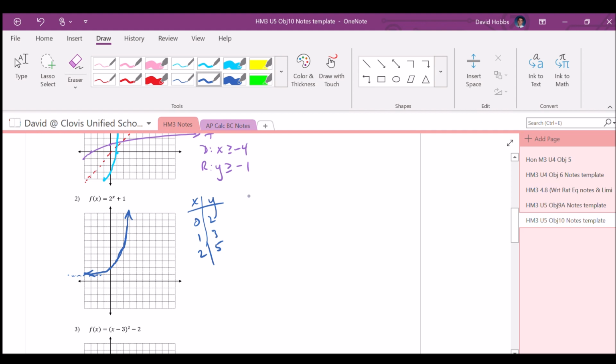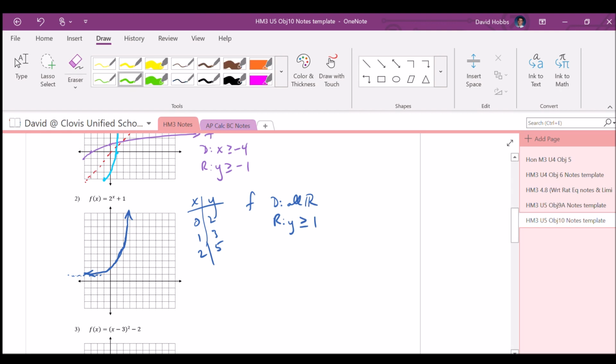And for f, the domain is all reals, and the range is y greater than or equal to 1. Okay, so there's that one.